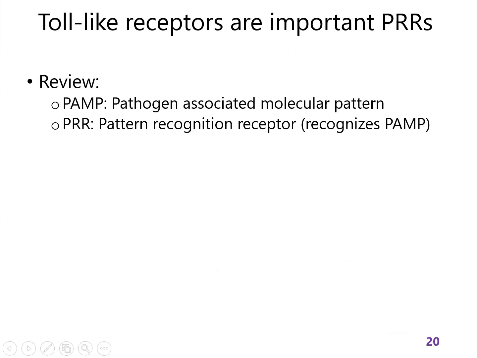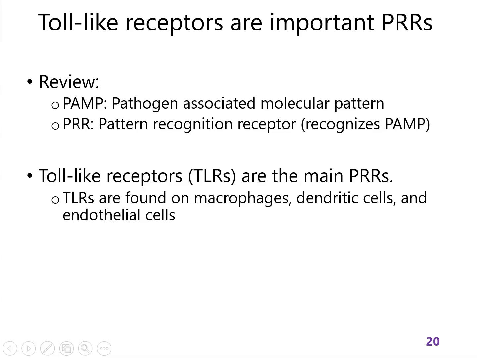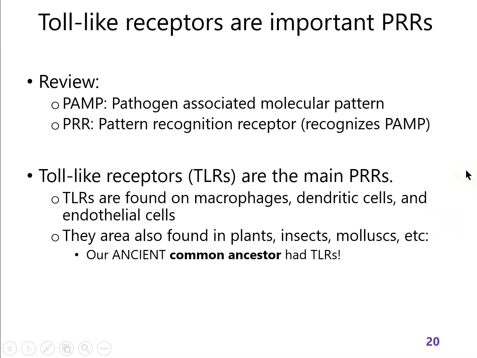So one important group of pattern recognition receptors are the toll-like receptors. I like these because they give a good example of how pattern recognition receptors work. They are the main pattern recognition receptors, and we find them on phagocytic cells and any kind of cell that is likely to be exposed to pathogens.